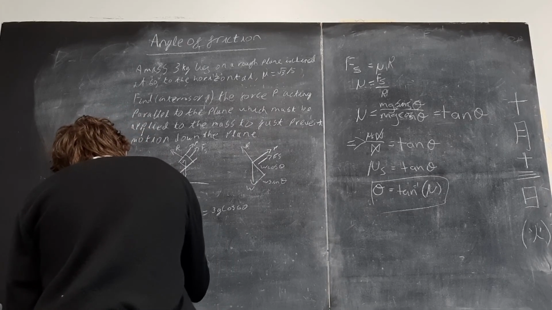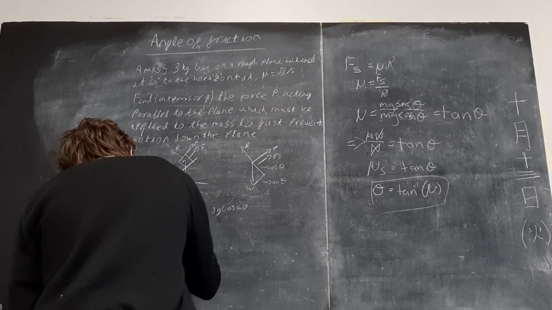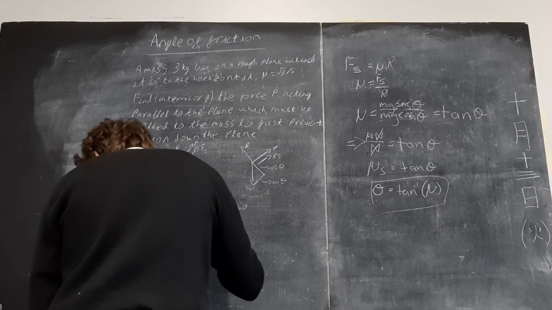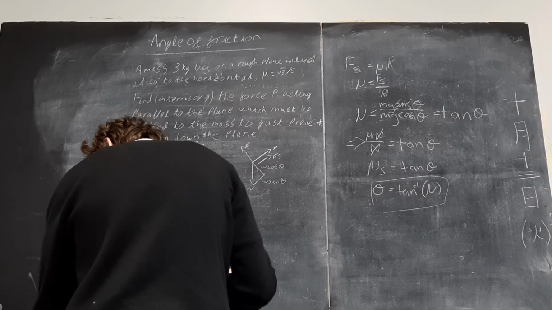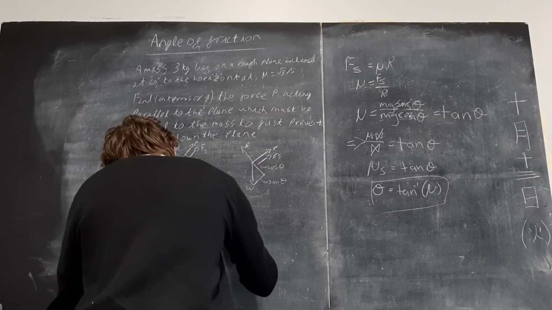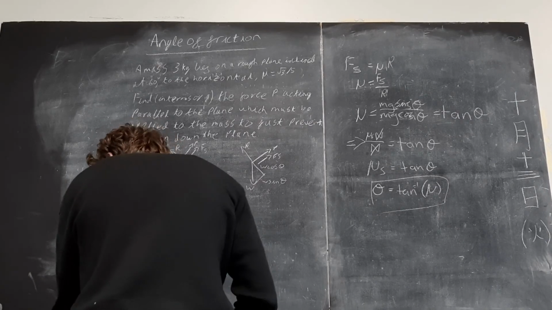So Fs plus P is equal to W sin theta, which is then equal to W sin 60.